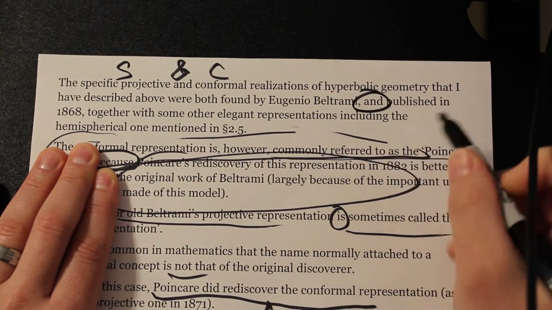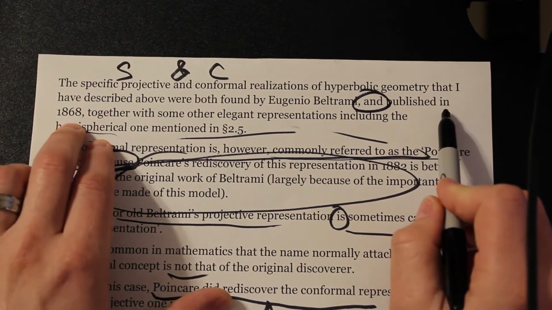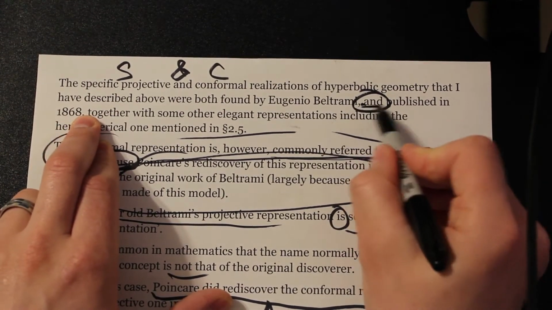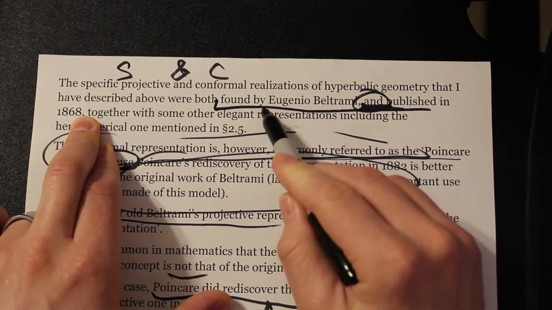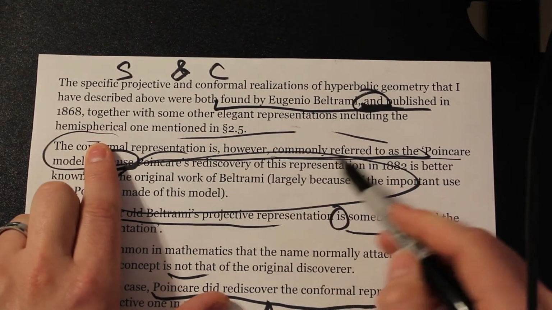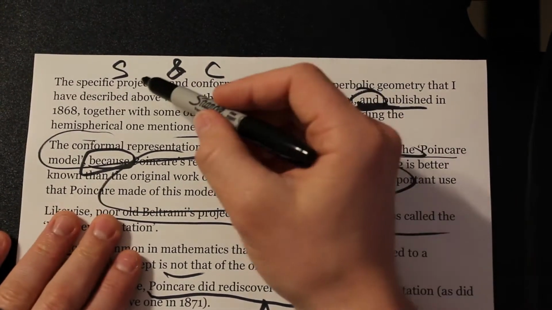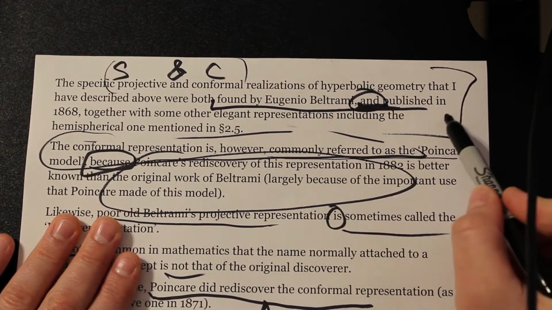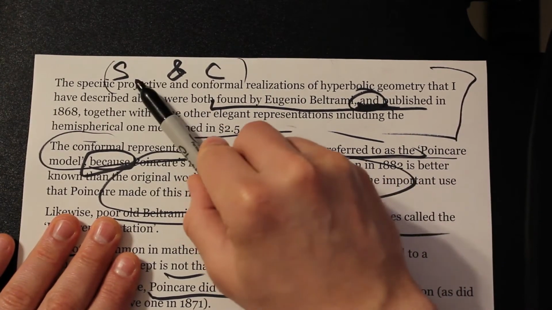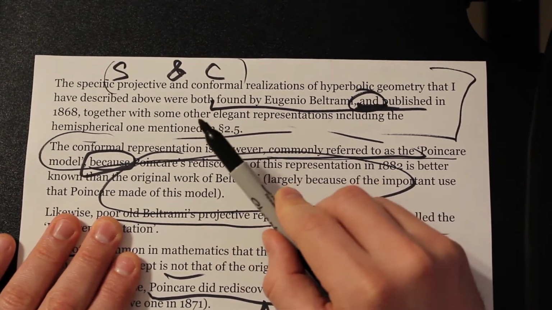And then it says and published in this particular year. So this and here is actually part of what it's telling you. They were both found and published together. So this whole one long sentence could actually be broken into two specific sentences.